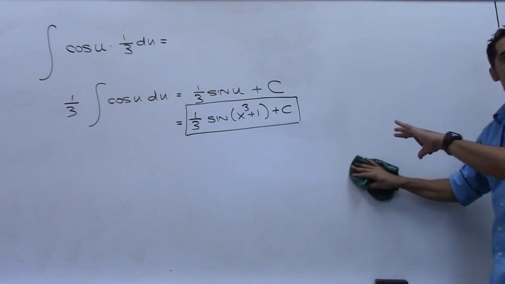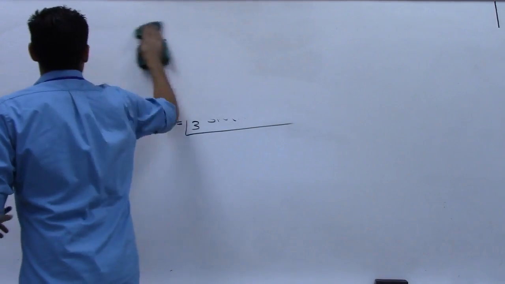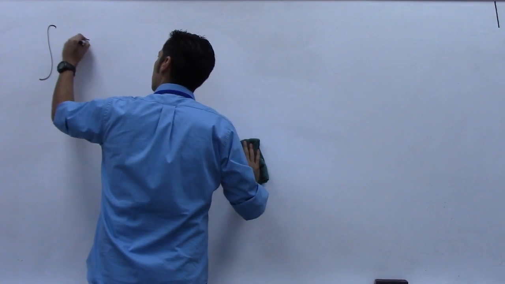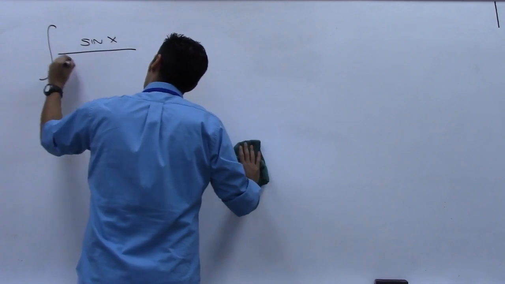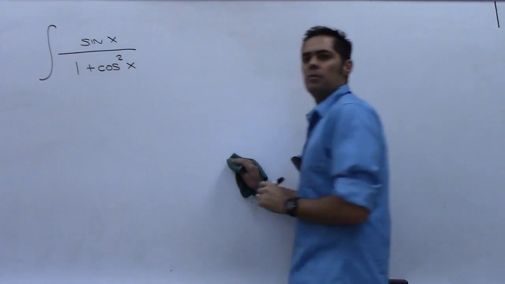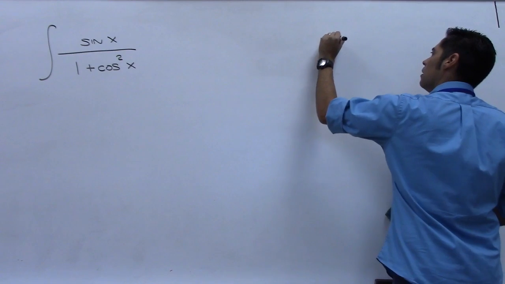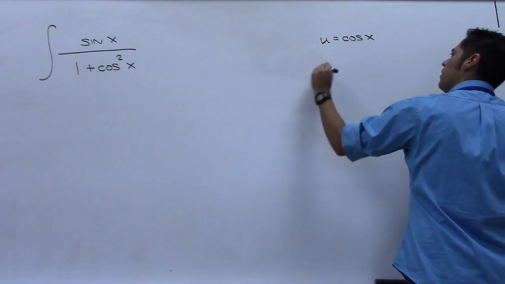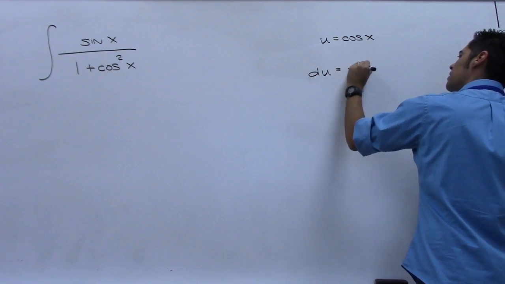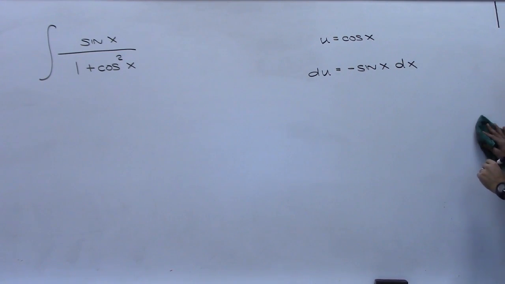Any questions on this? All right, the next one was sine x over 1 plus cosine squared x, right? So use u = cosine x. The derivative of that is negative sine x, right?